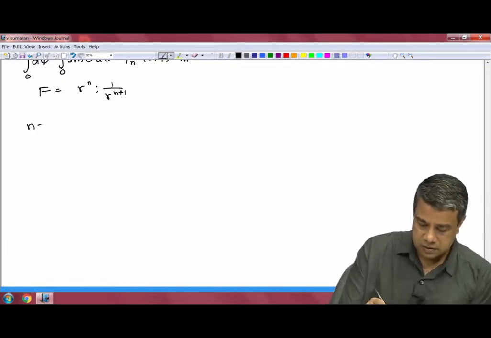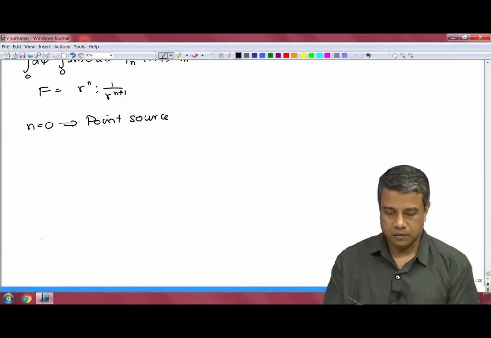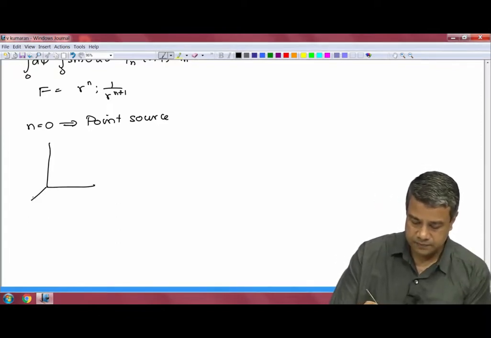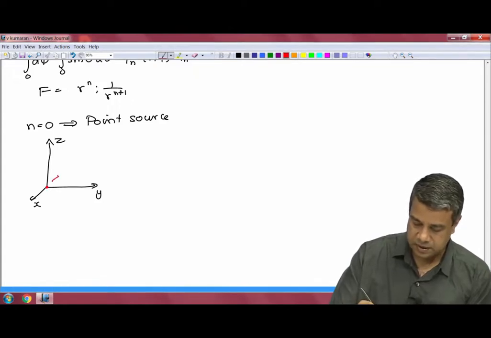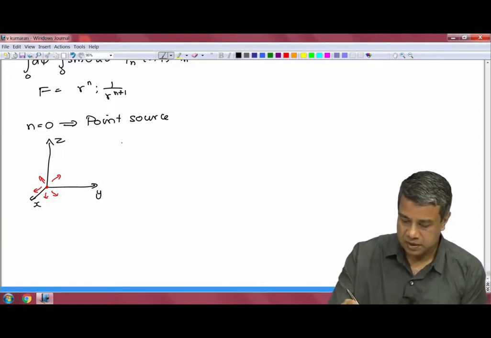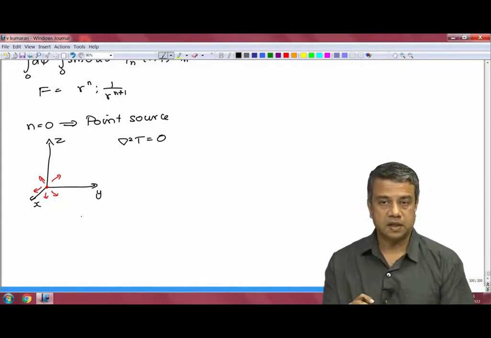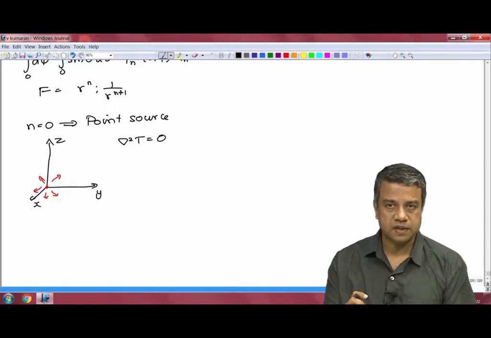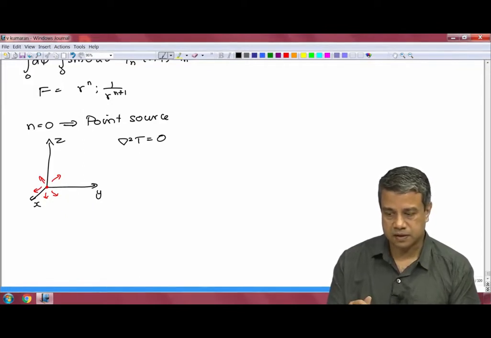n equal to 0 implies a point source. You recall we had solved in a spherical coordinate system a point source located at the origin, which is emitting heat isotropically in all directions, del square T equal to 0. This was the limit as we take the radius of a spherical particle going to 0.